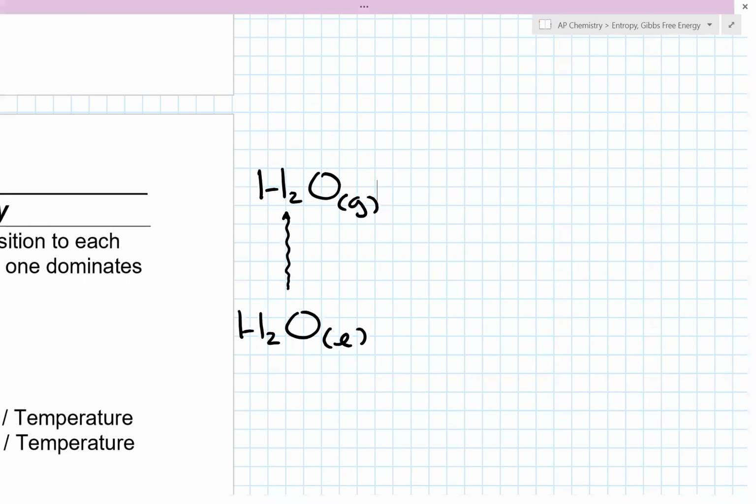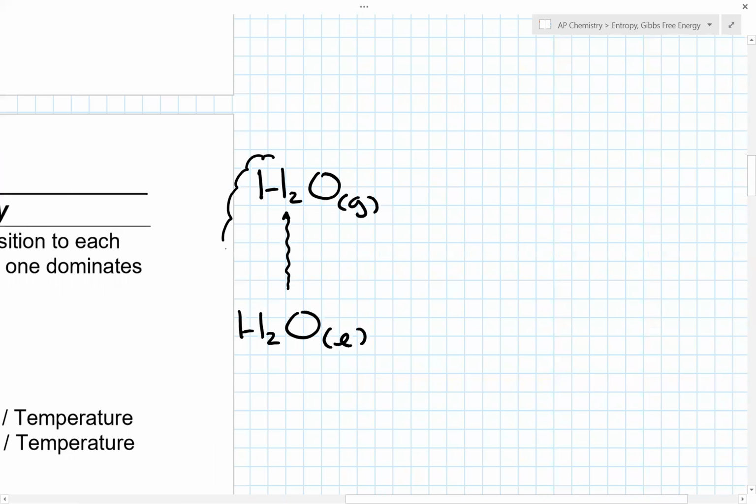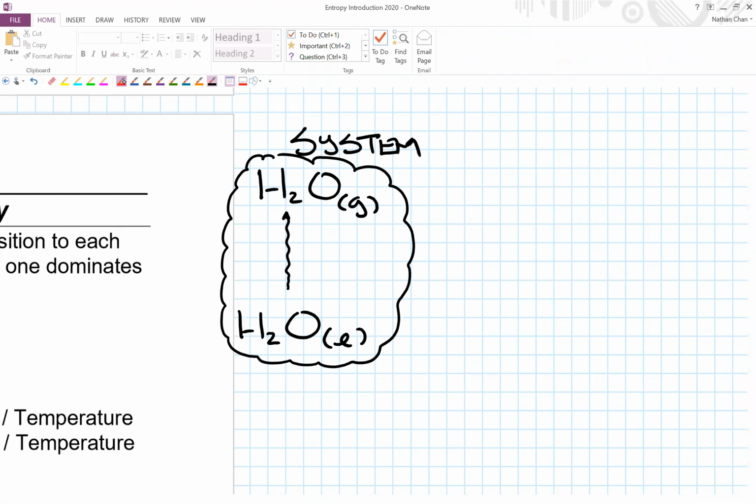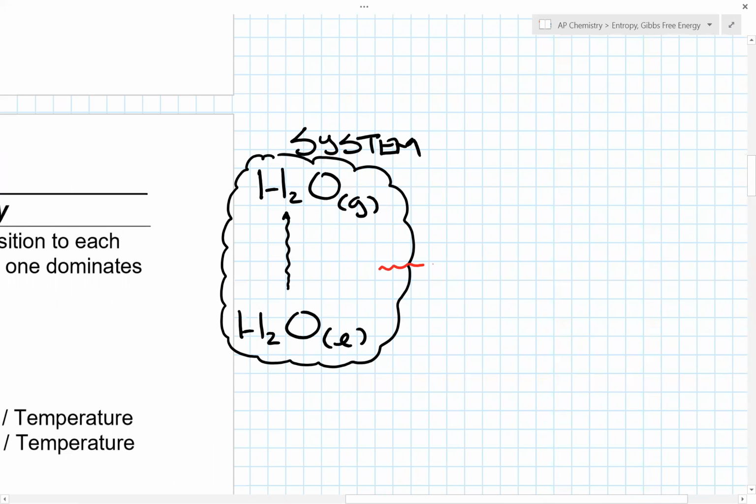Again, this here would be the system. You folks know that to go from liquid to gas, you need to have energy put in.